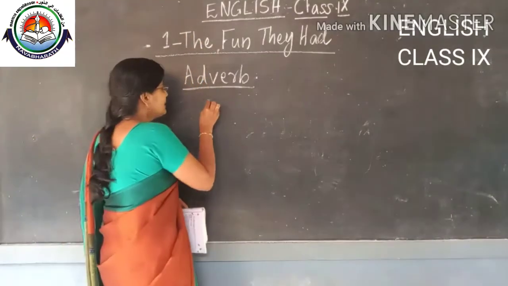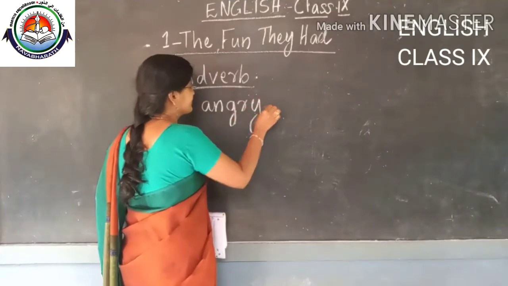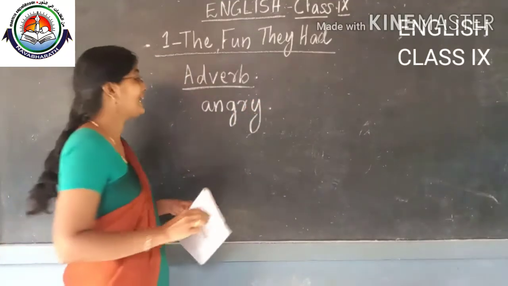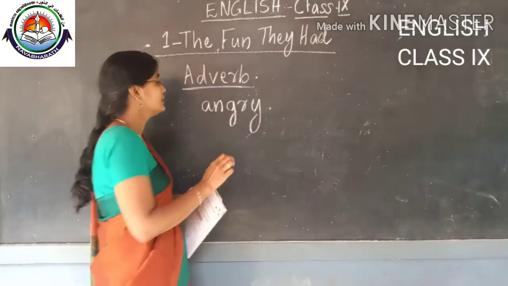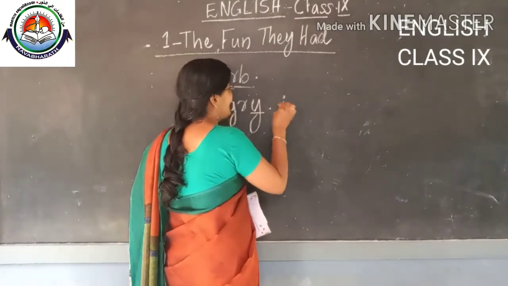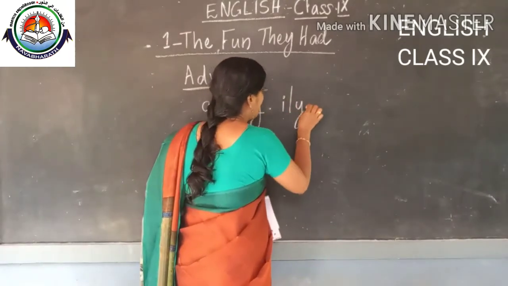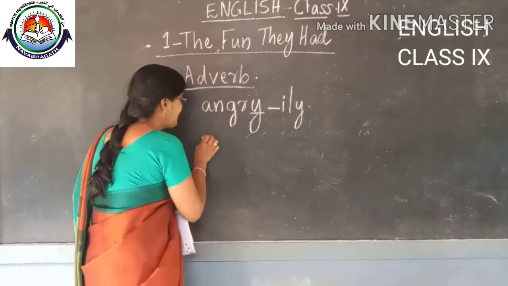For example, the adjective angry. How can we make an adverb from this adjective? Of course, this y will change into i and then ly will happen. Understood? How will it happen?